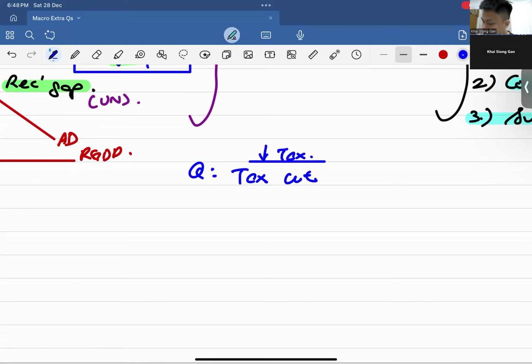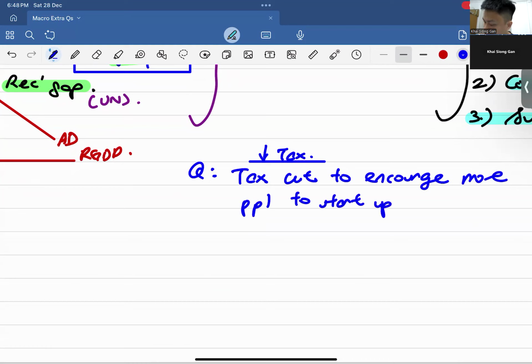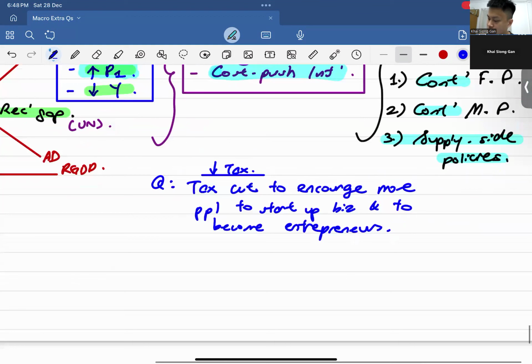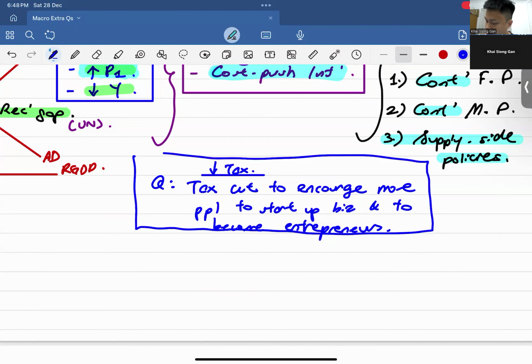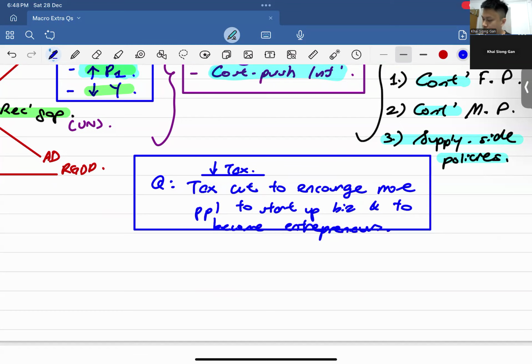The government reduces tax to encourage more people to start up businesses and to become entrepreneurs. What do you think will be the impact? I challenge you. Now I twist the question. What will be the impact?